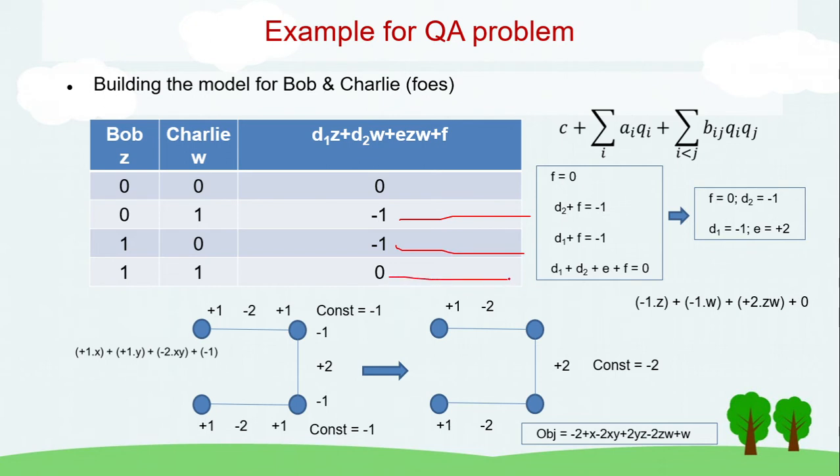The last one is we'll have 1 1, so d1 plus d2 plus e plus f equal to 0. So we have 4 equations. You can solve for these 4 variables. We have got an answer, and by substituting these 4 parameters we get -1z minus 1w plus 2zw plus 0.